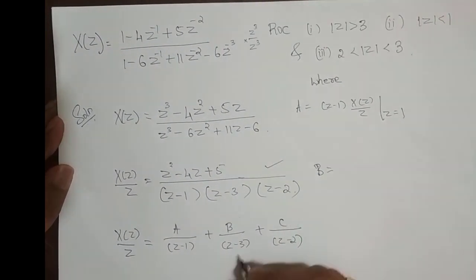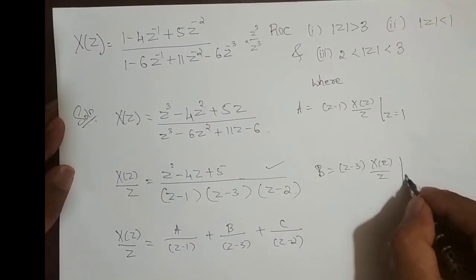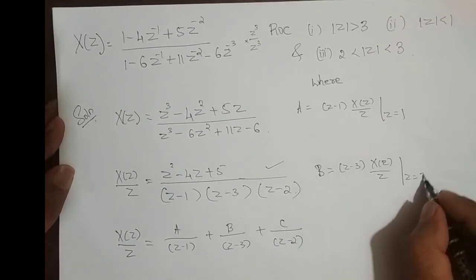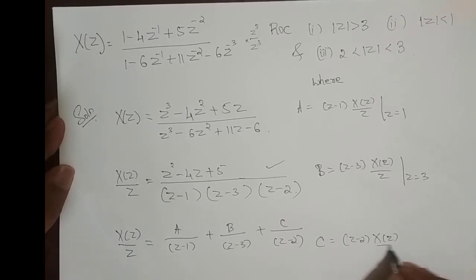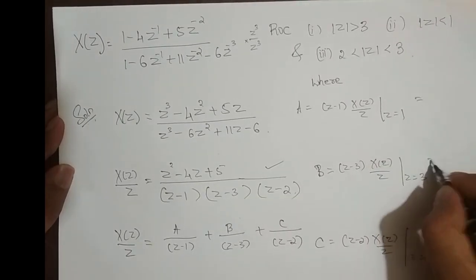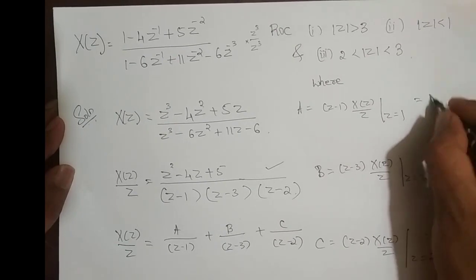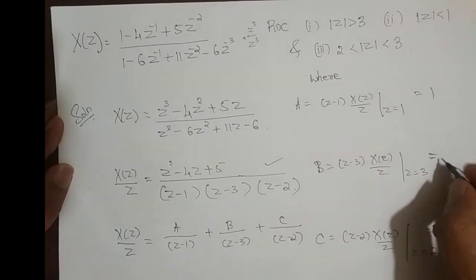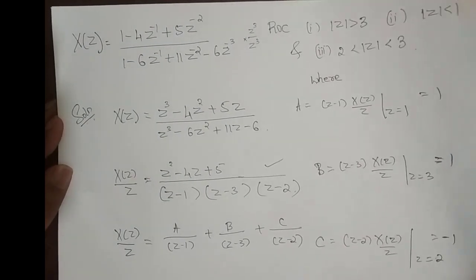B is z minus 3 into X of z by z at z equal to 3, and C is z minus 2 into X of z by z at z equal to 2. If you solve this, I'm not solving it, I'll give you the answer. A we get 1, B also we get 1, and C we get minus 1. Just check this answer.